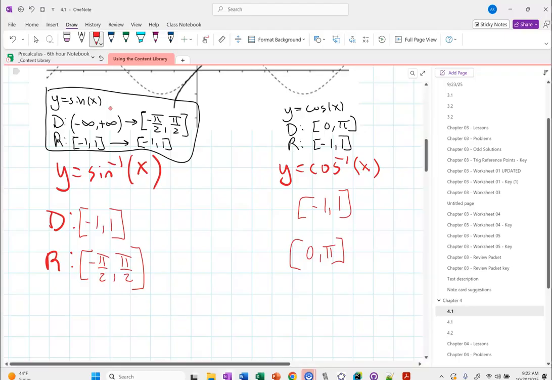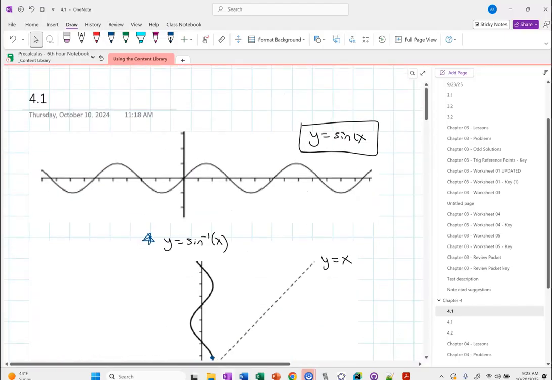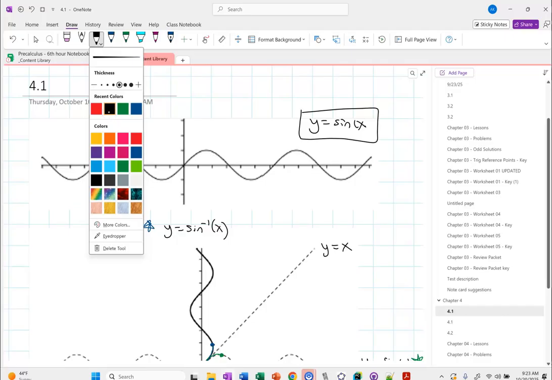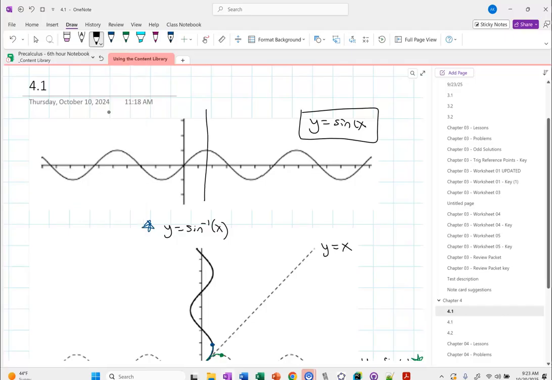Alex? How do you get 0 and pi for the range? So I had to do a similar restriction for cosine, but because cosine starts and ends at a different spot, the graph of cosine is basically the same as sine, except the y-axis is here.